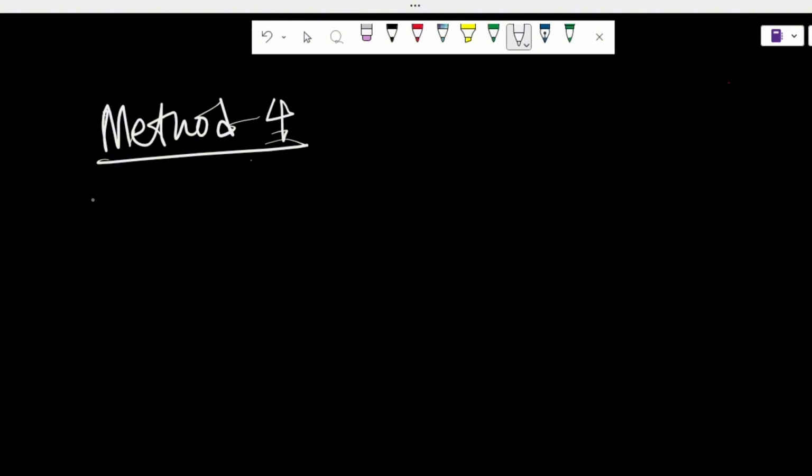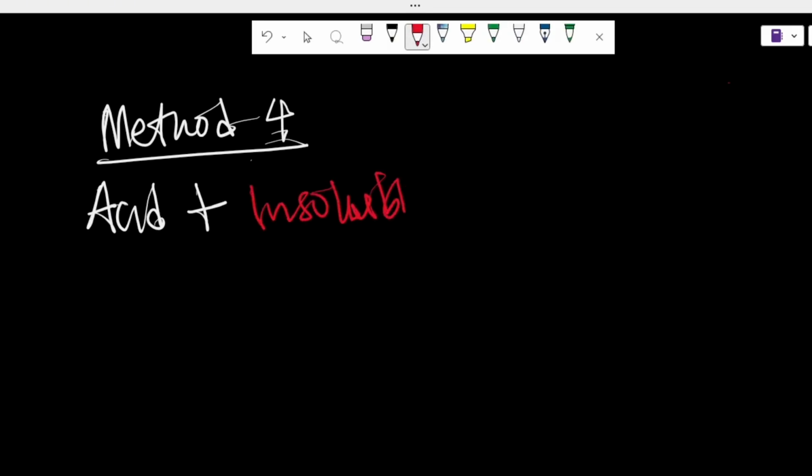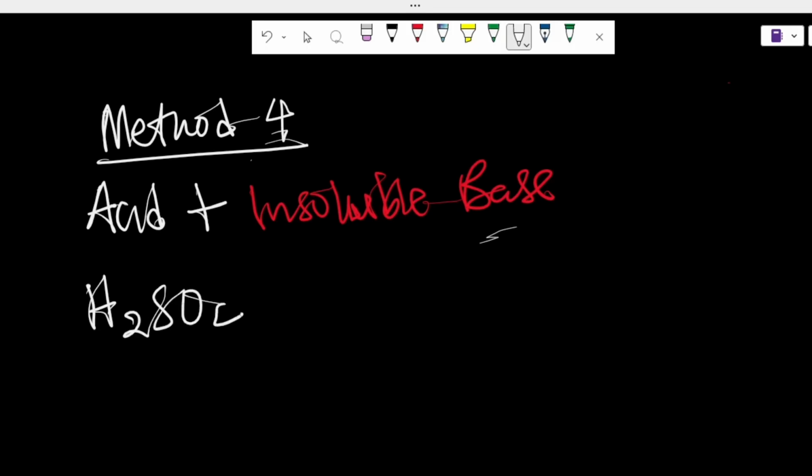Now, you can also react an acid with an insoluble base. So let's say this acid is going to be sulfuric acid plus an insoluble base, which will be copper oxide.